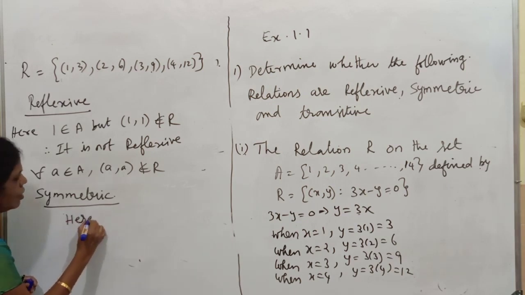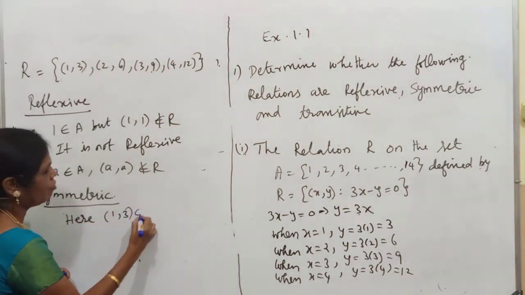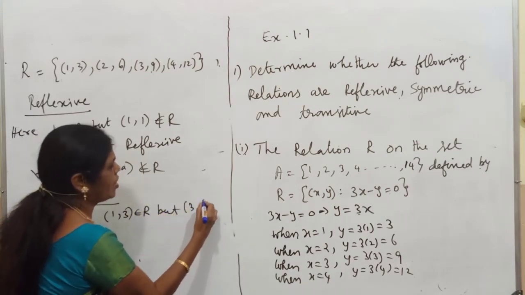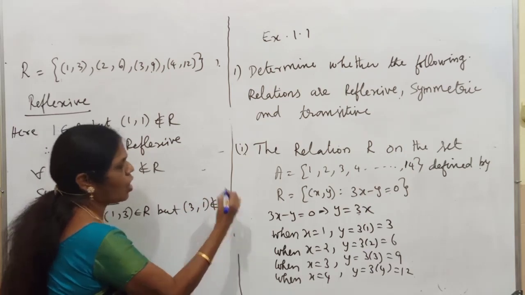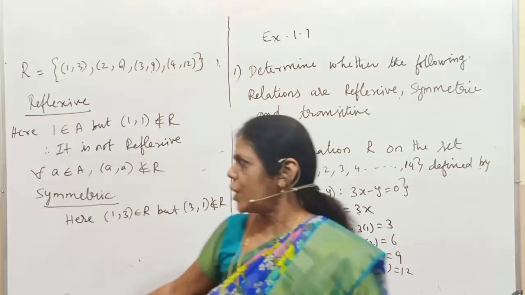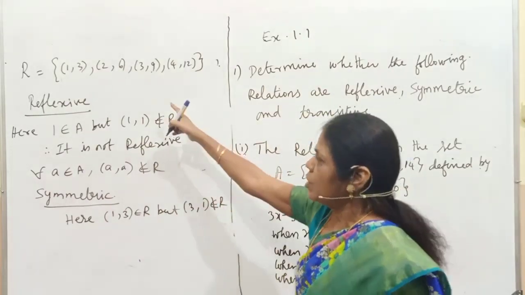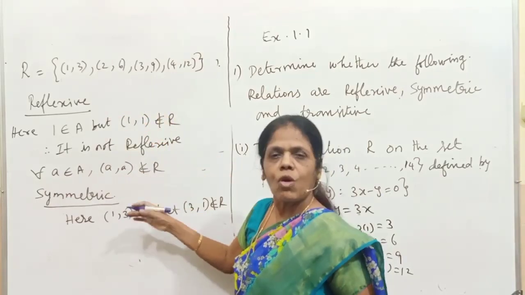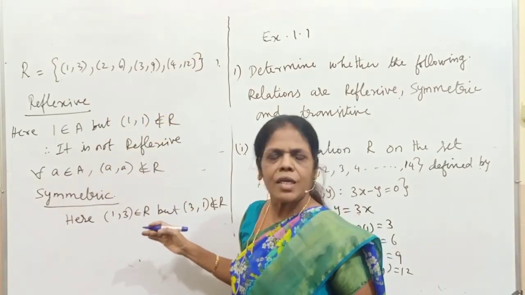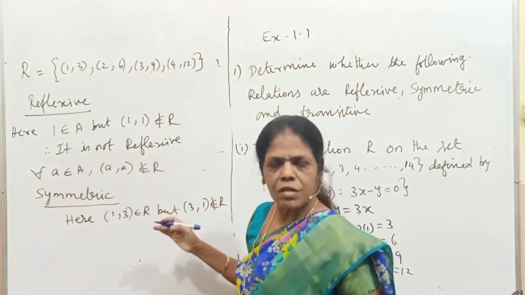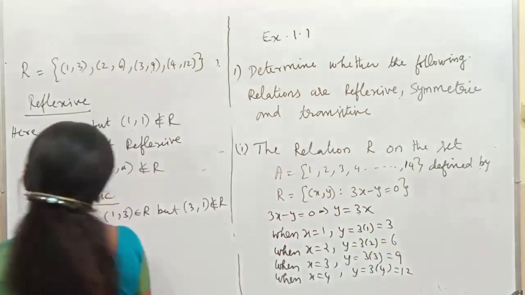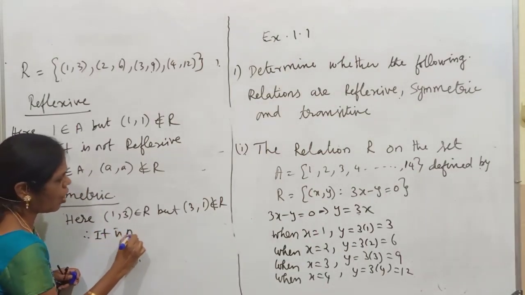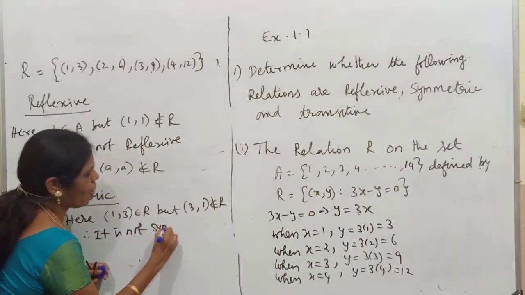Here, (1, 3) belongs to R, but (3, 1) does not belong to R. So, you can make out everything. (2, 6) belongs to R, but (6, 2) does not belong to R. So, one example to say that it is not symmetric. One example is enough. Now, what will you say here? Therefore, it is not symmetric.